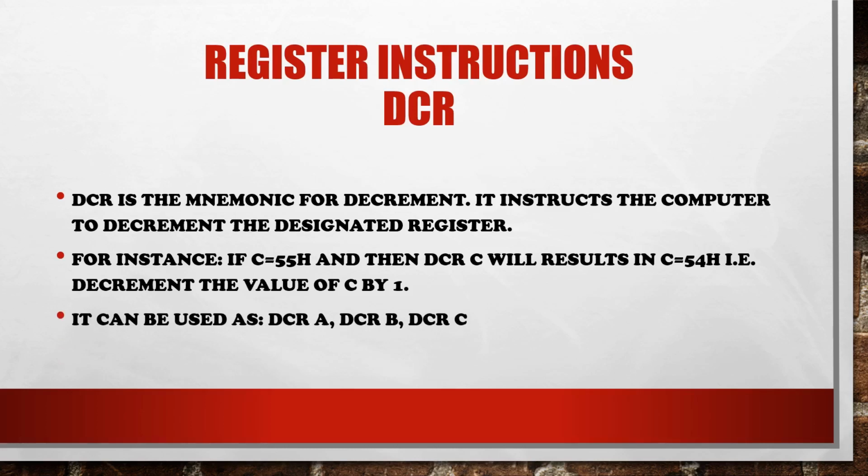Also, it can be used as DCR A, DCR B and DCR C. All of these work the same. Likewise, DCR B will decrement the value of B by 1. So this much about the DCR instruction.